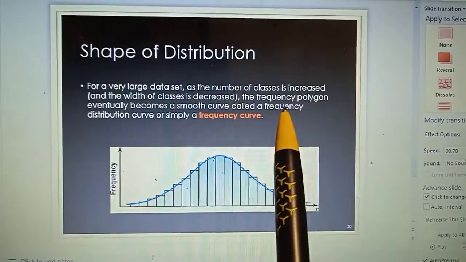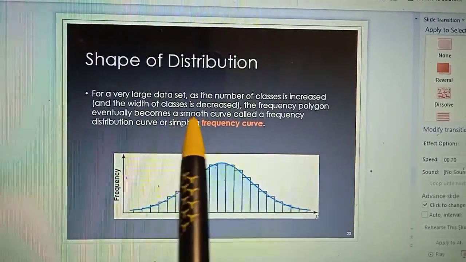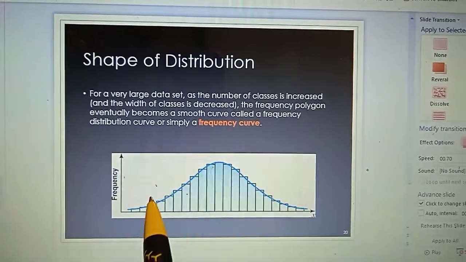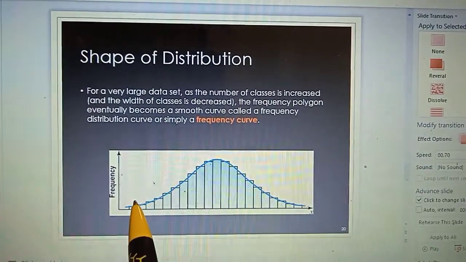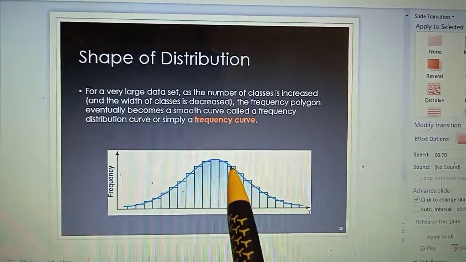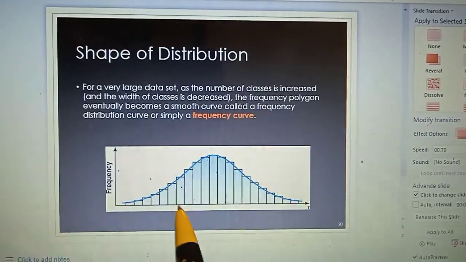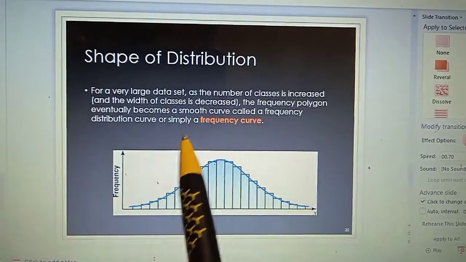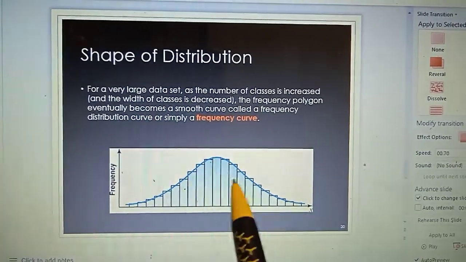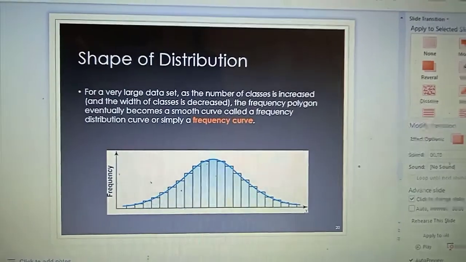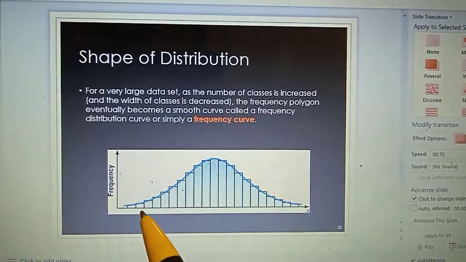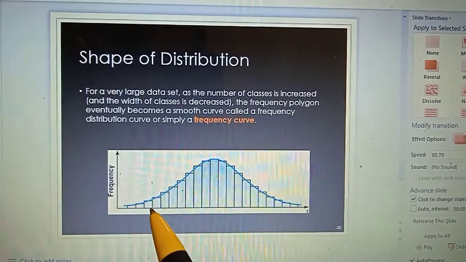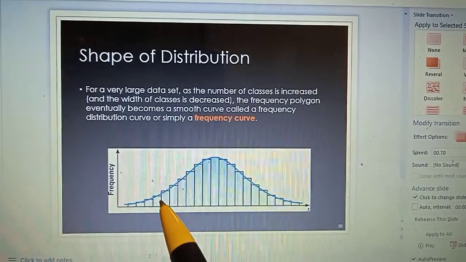The frequency polygon eventually becomes a smooth curve called the frequency distribution curve, or simply a frequency curve. You see the midpoint in the middle of the rectangle.